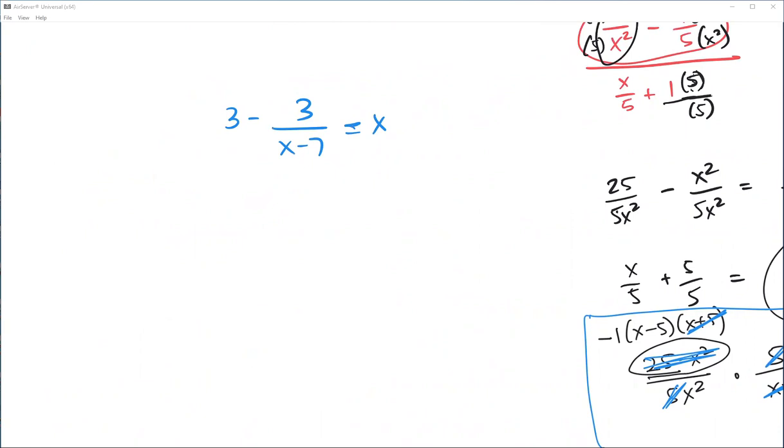Again, there's a few different ways of solving this. I would just get the common denominator, x minus 7 over x minus 7. So this is 3x minus 21 minus 3 all over x minus 7 is equal to x.